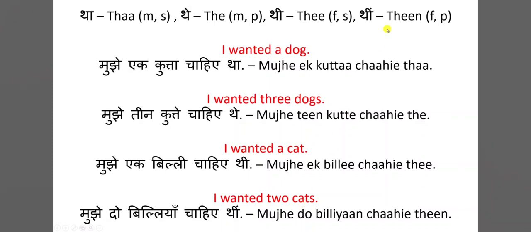For feminine plural, we have thin as the be verb. मुझे चाहिए थीं is I wanted or I did want. दो is two, बिल्लियाँ is cats.